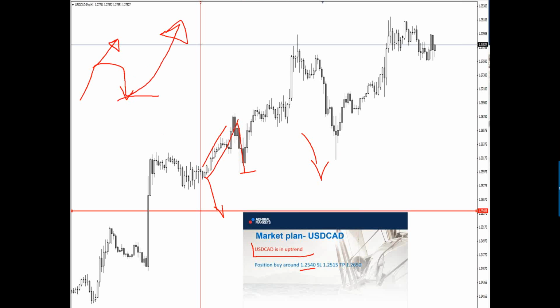Yen is asking what the criterion is to determine the pullback zone. I have always been doing that with Camarilla MACD. It's my proprietary method, it's my system, and you can benefit from free setups. Of course, thanks to Admiral Markets, you can benefit from free setups and analysis of my Camarilla MACD, which I've been doing every single day on Admiral Markets, Forex Street, Forex Factory, and these session recaps.